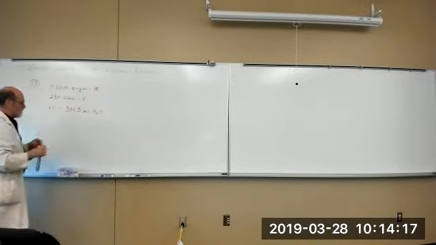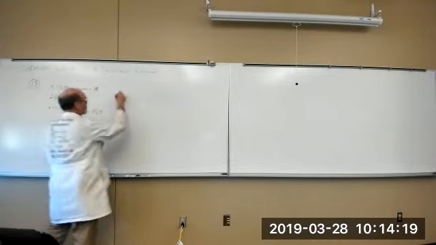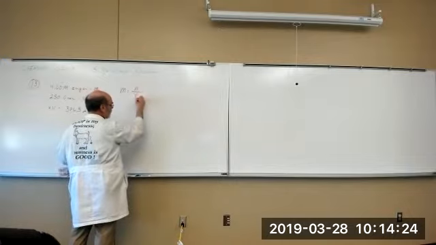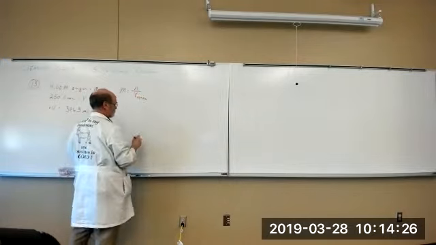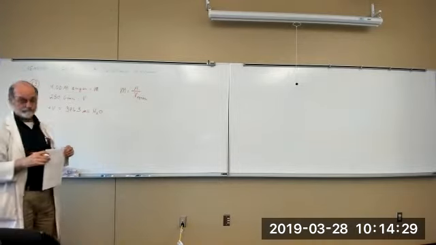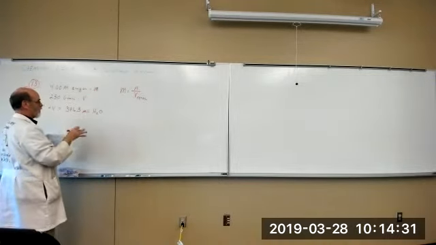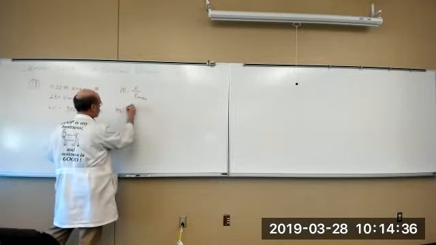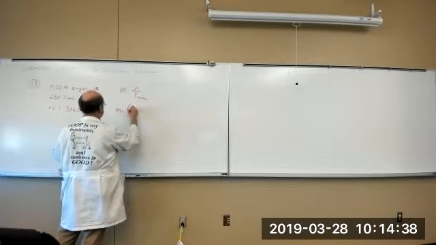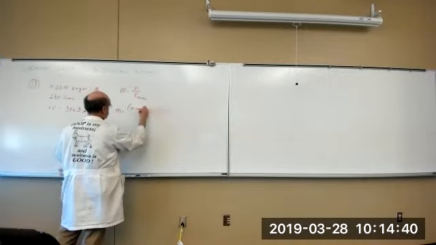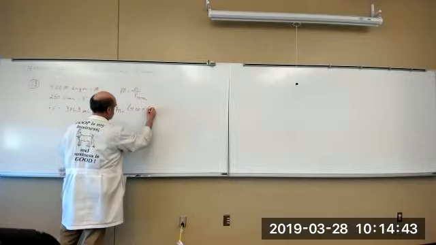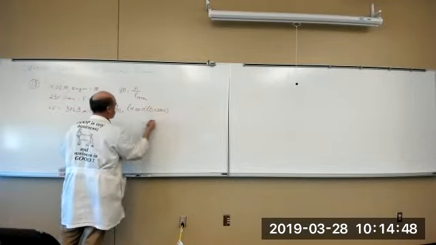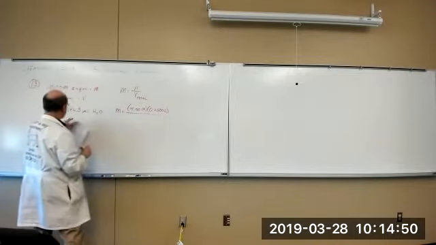So this is still the operative formula, only now that volume has to be the total. So we need to know the number of moles. How do we get the number of moles? Well, the number of moles is molarity times volume, and the volume has to be in liters. Then we divide by the total volume.